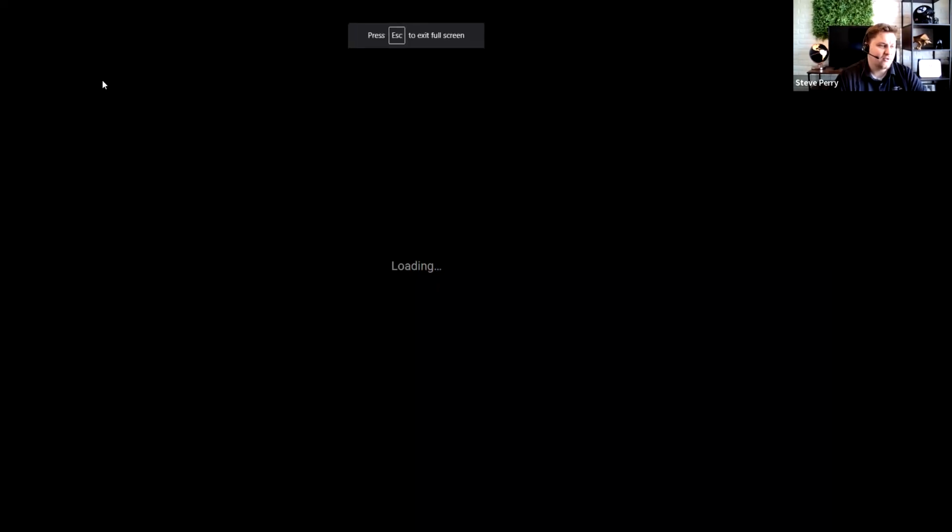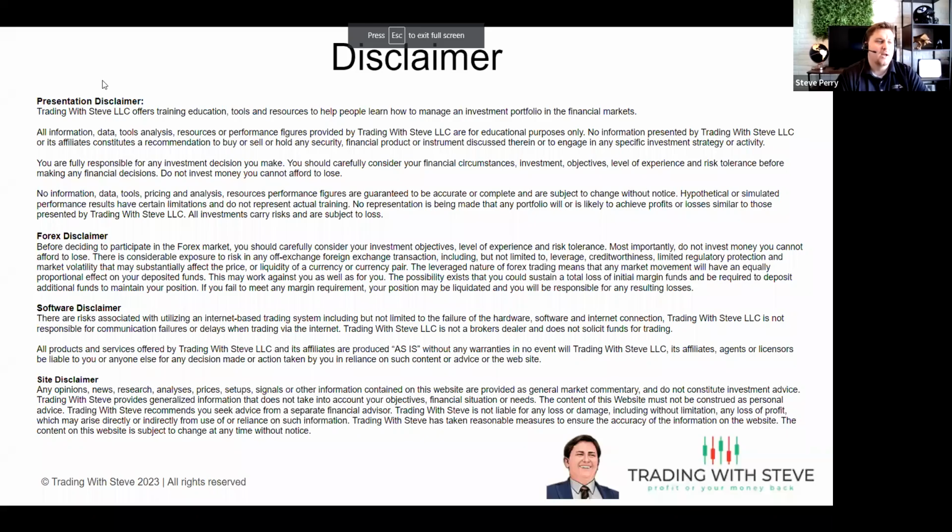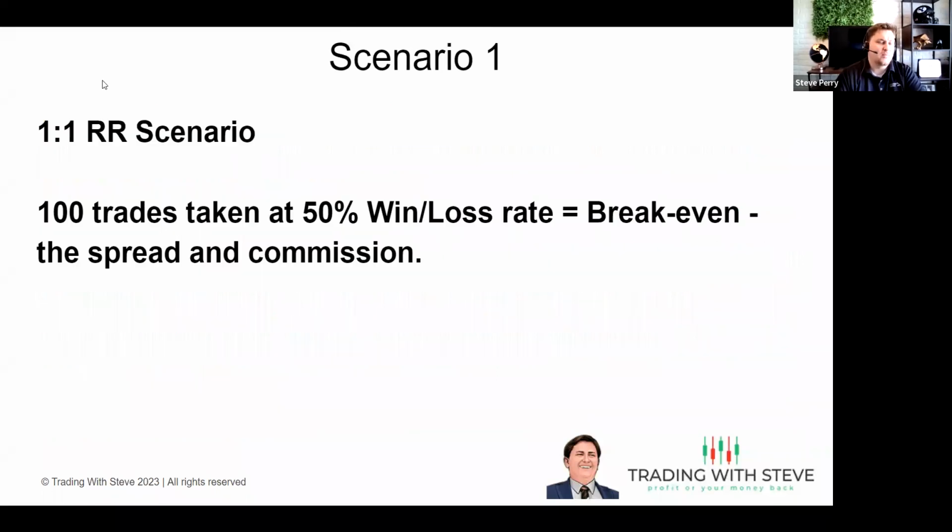So I have created a couple of scenarios here that I want to go over. These are risk management scenarios that will, like I said, give you an opportunity to think about what type of trading style would work best going forward and how you can be profitable. So this first scenario is pretty straightforward.